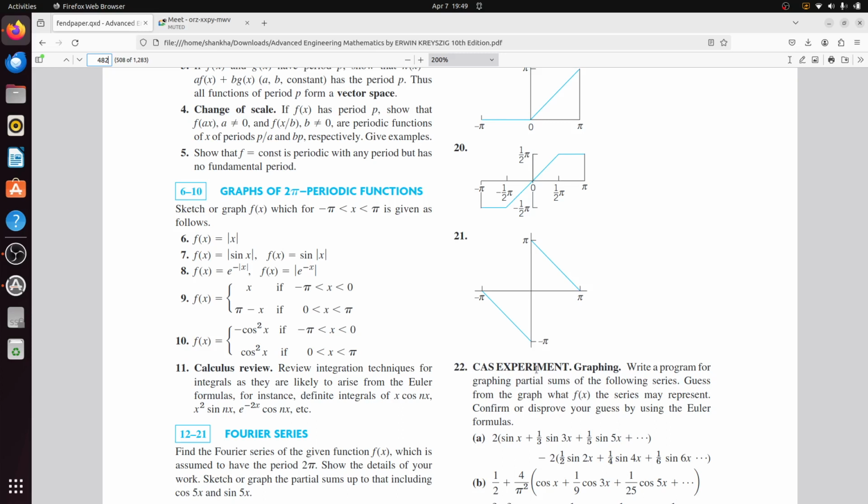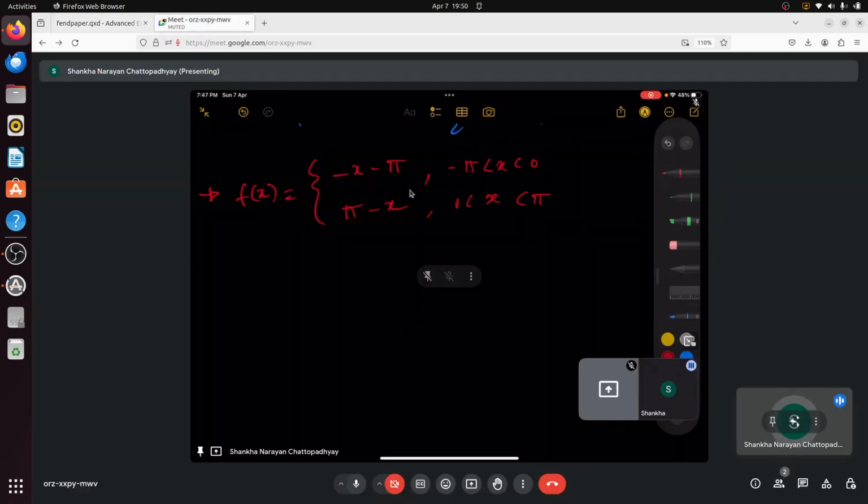So I am giving this function as an exercise. You can at least try to do this problem.